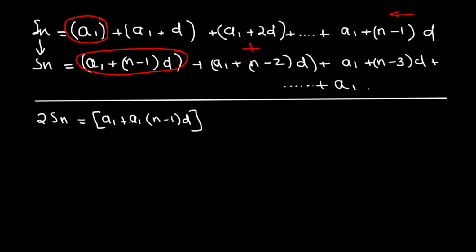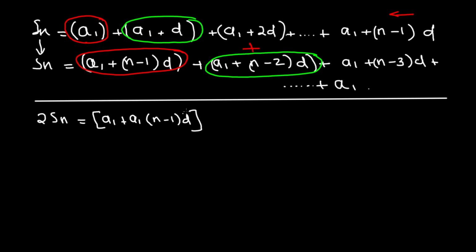That'll be our first. Then we go to our second one. Our second will be this term here, and the second last term. So we're adding the second and the second last.